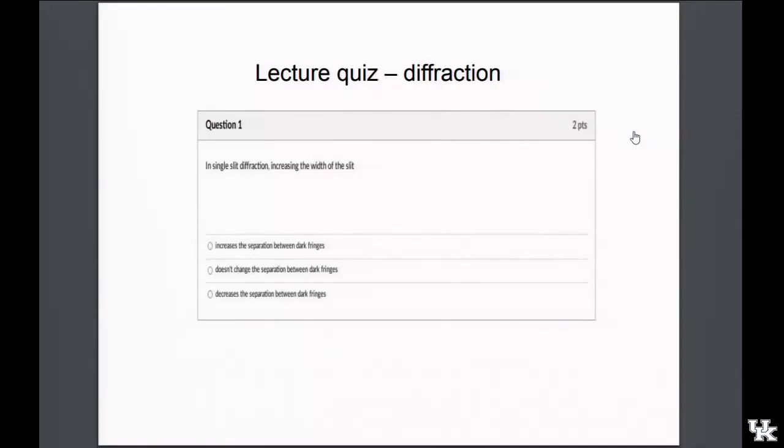What happens to the diffraction pattern? Do they get closer? Do they get further apart? Do they stay at the same location? I'll give you a minute or two to think about that.